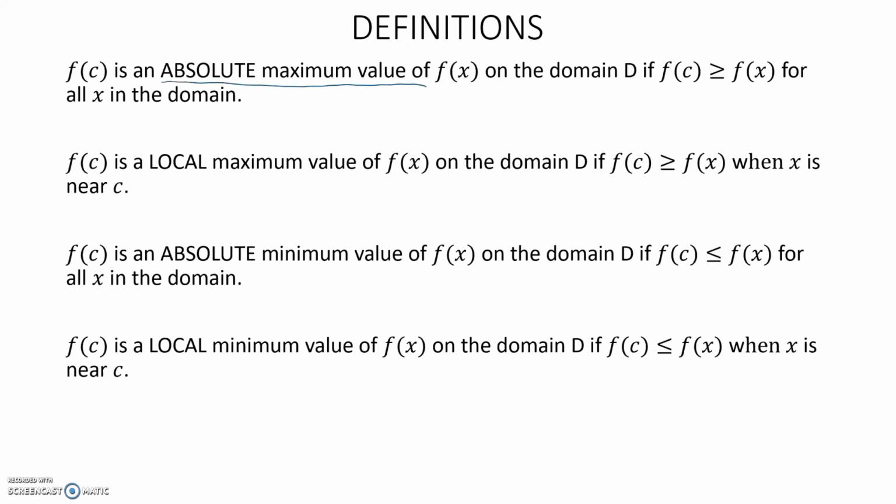maximum. When we talk about the absolute maximum, what we're doing is, say we've got a function like this, and we're talking between, say, here and here, and that's C. What we're saying is that at that point C, the value of the function is higher than anywhere else.